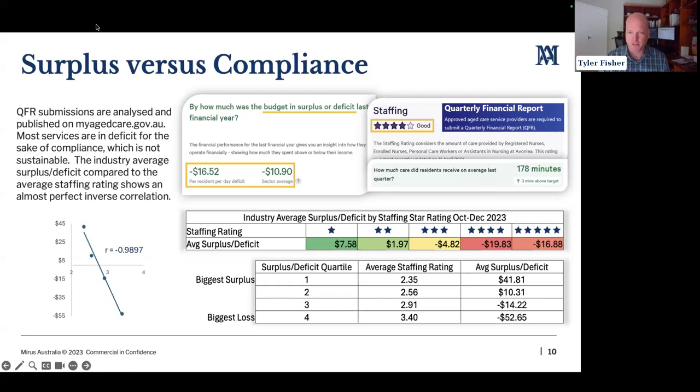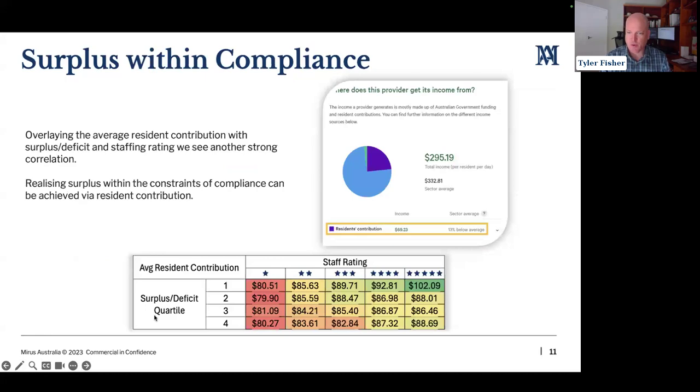And I guess an extension to that, we'll look on the next slide, using that same data for financial performance and staffing. We're now going to overlay the average resident contribution for each service. And this too shows really strong correlation to both compliance and surplus. And again, there's some anomalies down in that 5-star staffing, and that's such a small number of services that we're comparing.